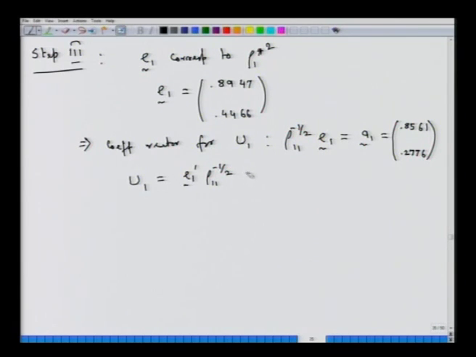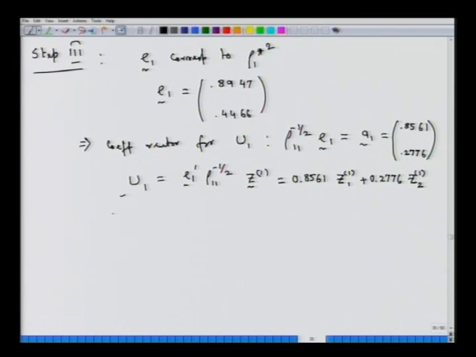Now, x is not there, we have a z 1 vector, because that is the standardized variables. So, we are going to have this first canonical variable as 0.8561 multiplied by the first element of this z 1 vector, plus 0.2776 times the second component of the first standardized vector. So, this is as far as U 1 is concerned.